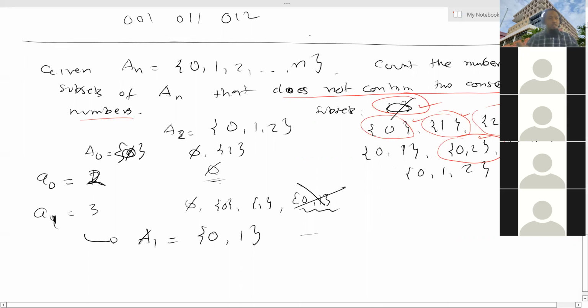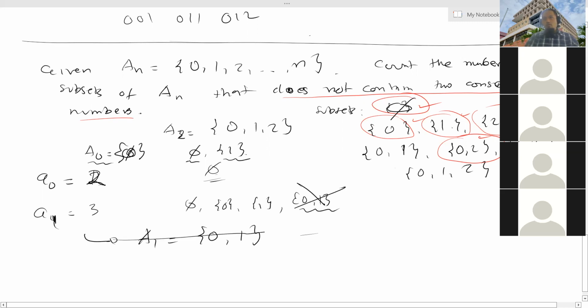Can you guys still follow me? So why is it 2? Because the subsets of A0 are the empty set and this set, and both do not contain two consecutive numbers. So therefore A0 is 2. A1 is 3, it's clear, right?